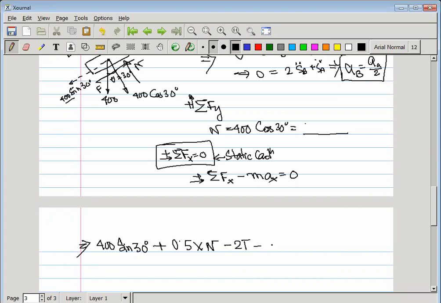Equals to acceleration into mass. Mass is 400 divided by, mass is how much, for that in feet, means the metric system, 32.2.